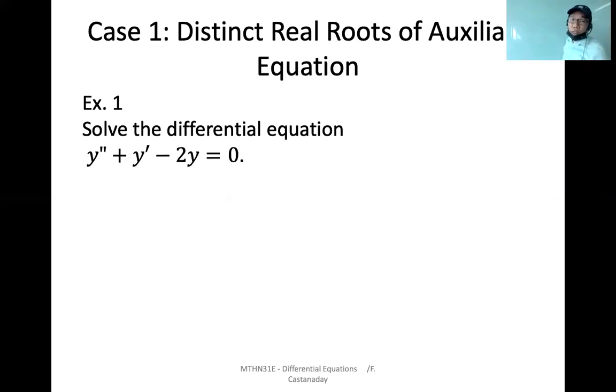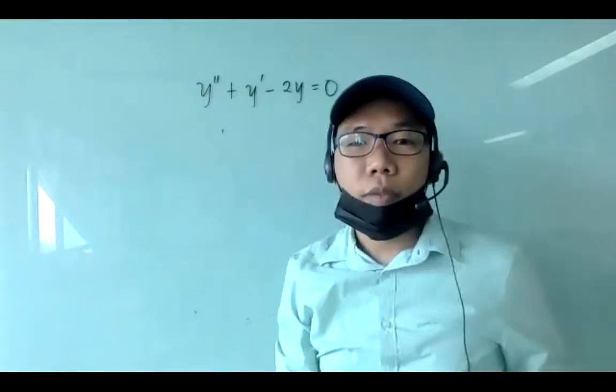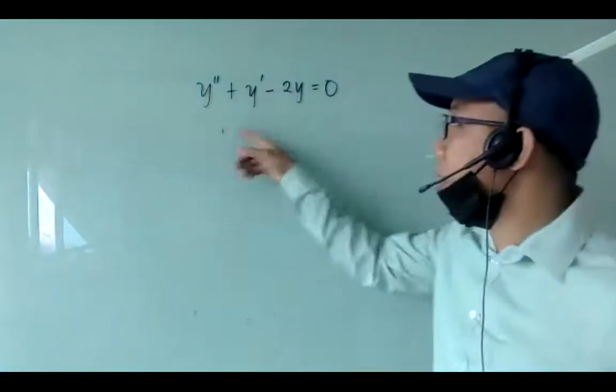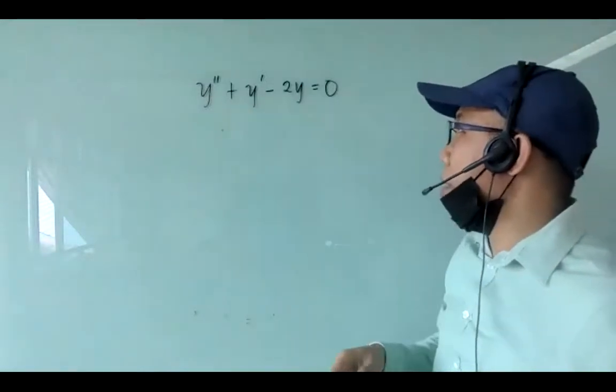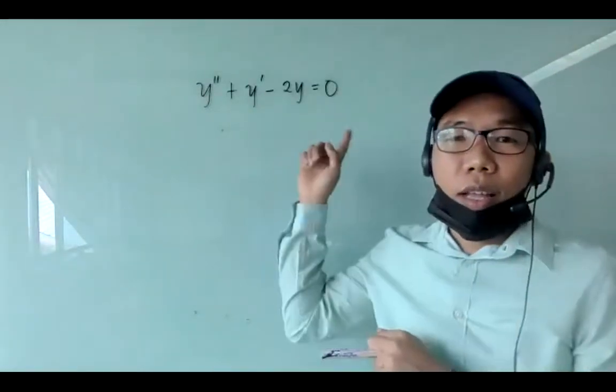We are going to write it in a D operator format. Okay, so given natin is y double prime plus y prime minus 2y equal to 0.